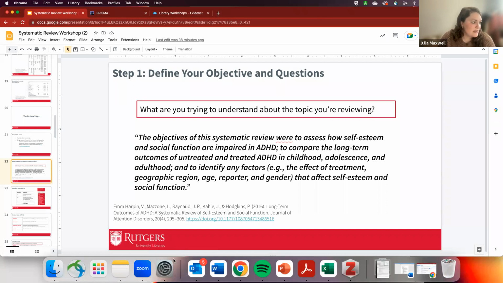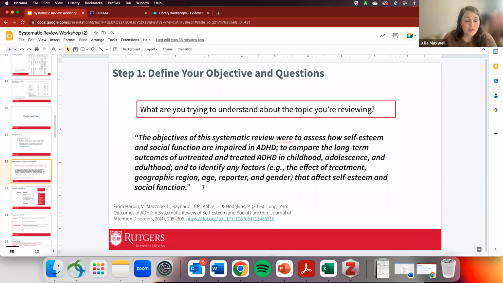So I really liked this Harpin et al. systematic review because they said it super clearly. The objectives of this review were to assess how self-esteem and social function are impaired in ADHD, to compare long-term outcomes of untreated and treated ADHD in childhood, adolescence, and adulthood, and to identify any factors that affect self-esteem and social function. So they just said it straight out.